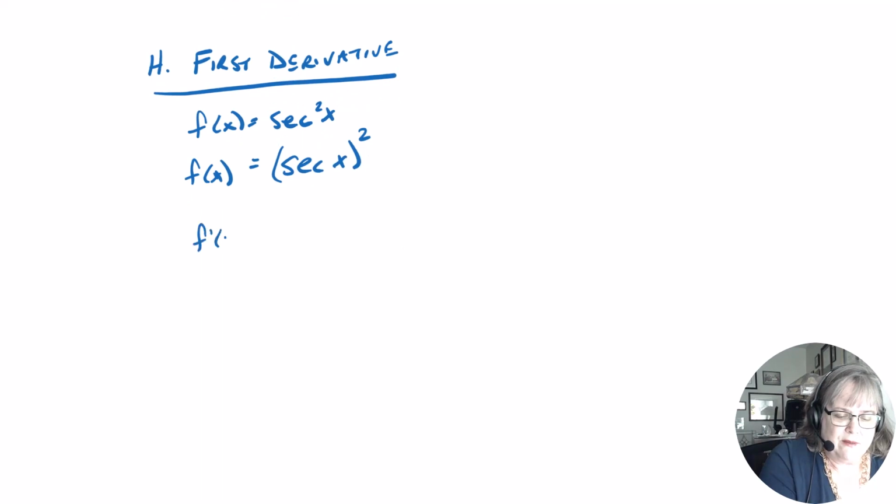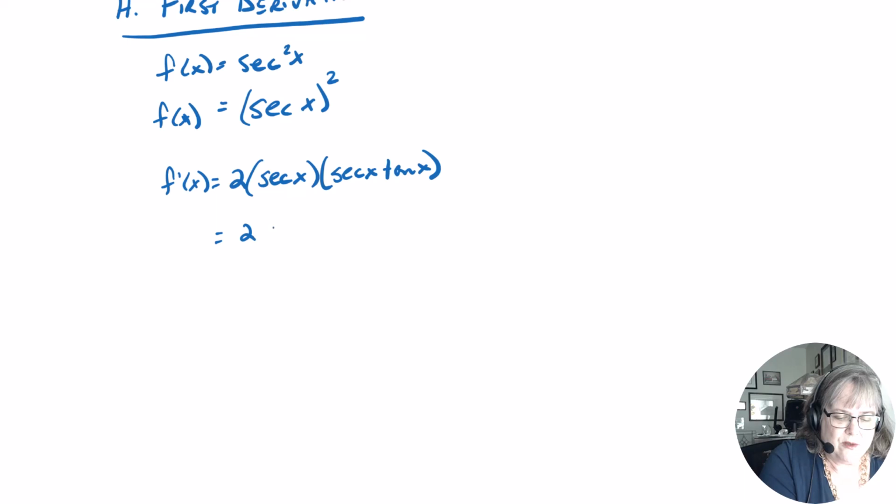So the derivative: bring the 2 down, leave the inside alone, take 1 off the power, loop back in and take the derivative of the inside. And it looks like 2 secant squared x tangent x. And this is the derivative.